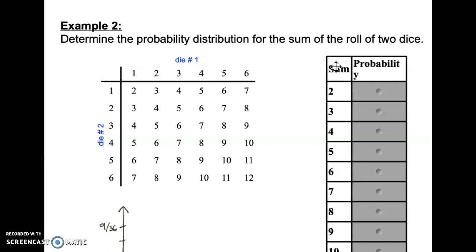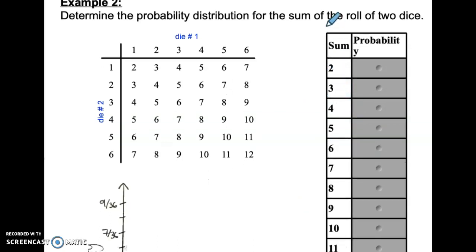So starting with the chart, the first column is going to be the x. So it's going to be all the possible outcomes. So in this case, our x is the sum. So we write down all the possible sums in the table. So 2 through 12 is written there. That is our x.